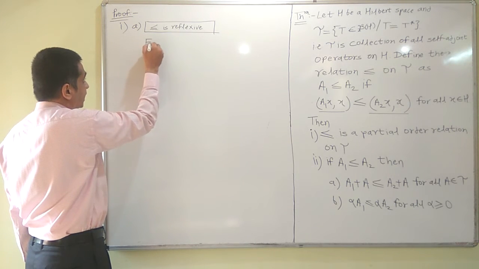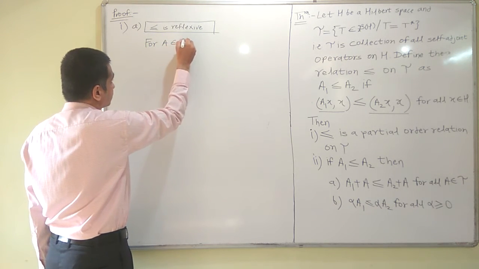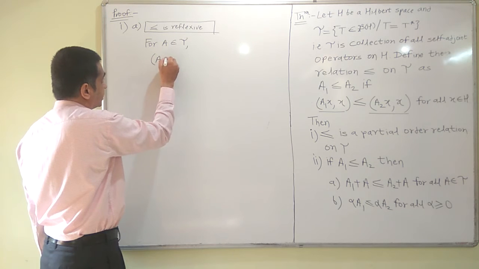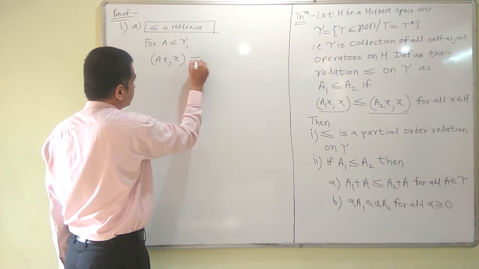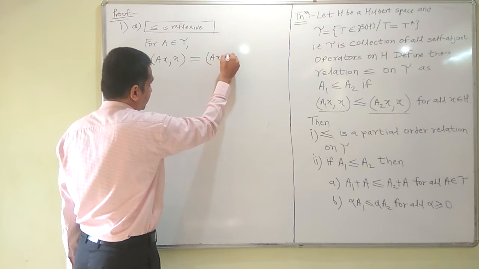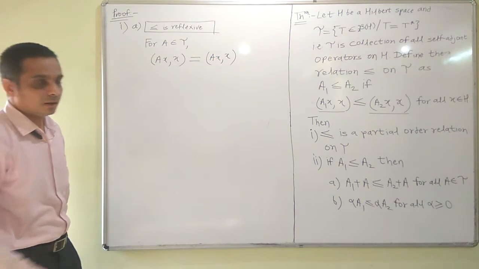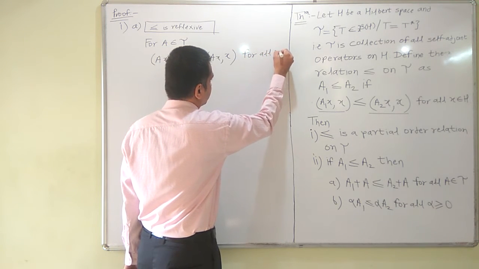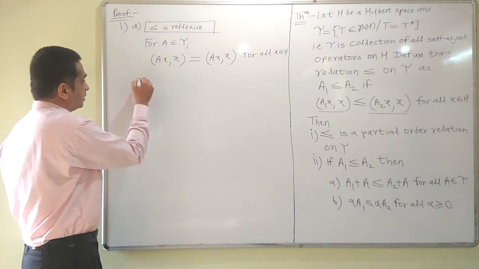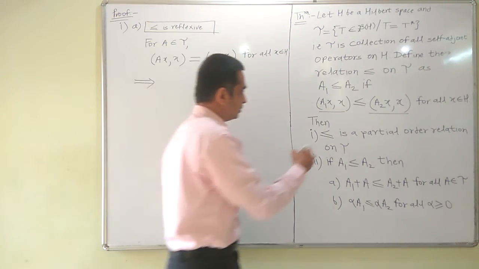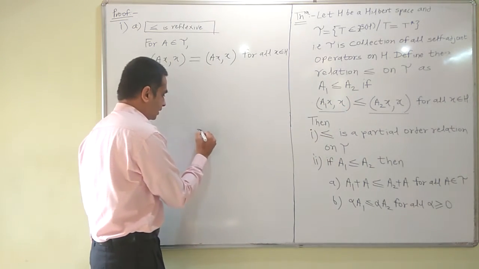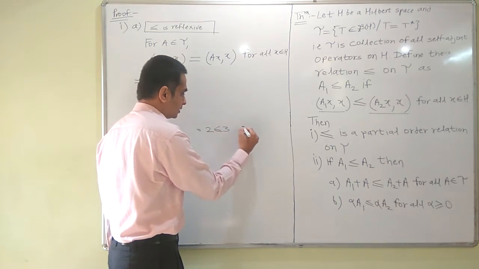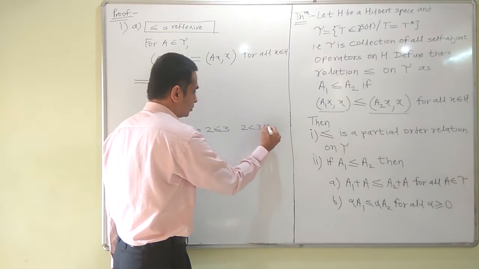So for A belongs to tau, we have the inner product of Ax and x is equal to the inner product of Ax and x for all x belongs to H. This implies, by definition, note that 2 is less equal to 3 means 2 is less than 3 or 2 is equal to 3.